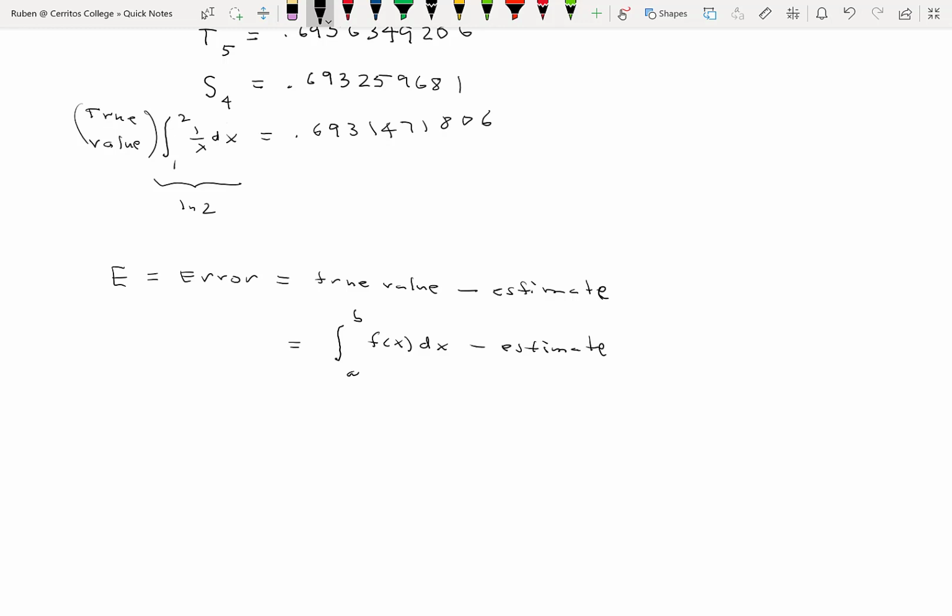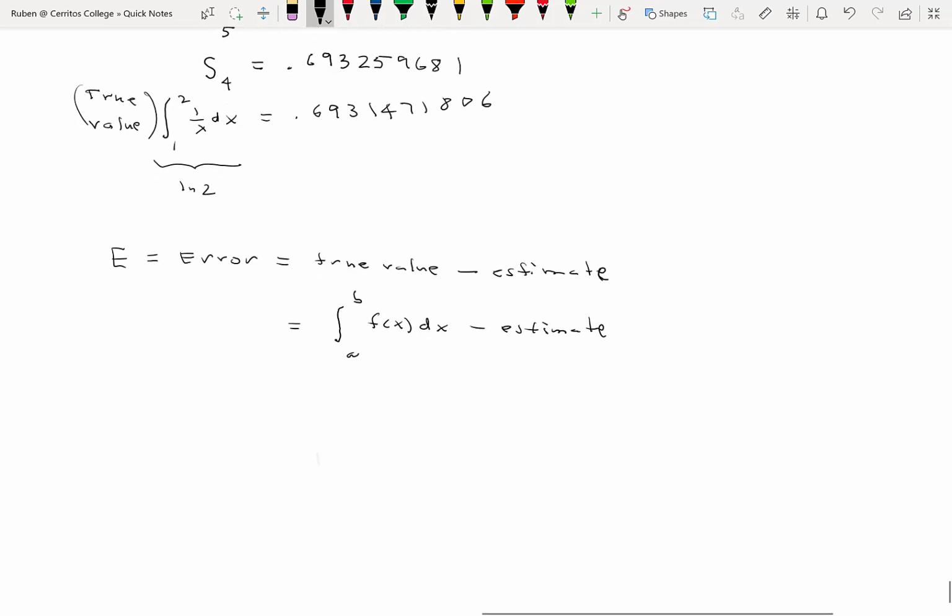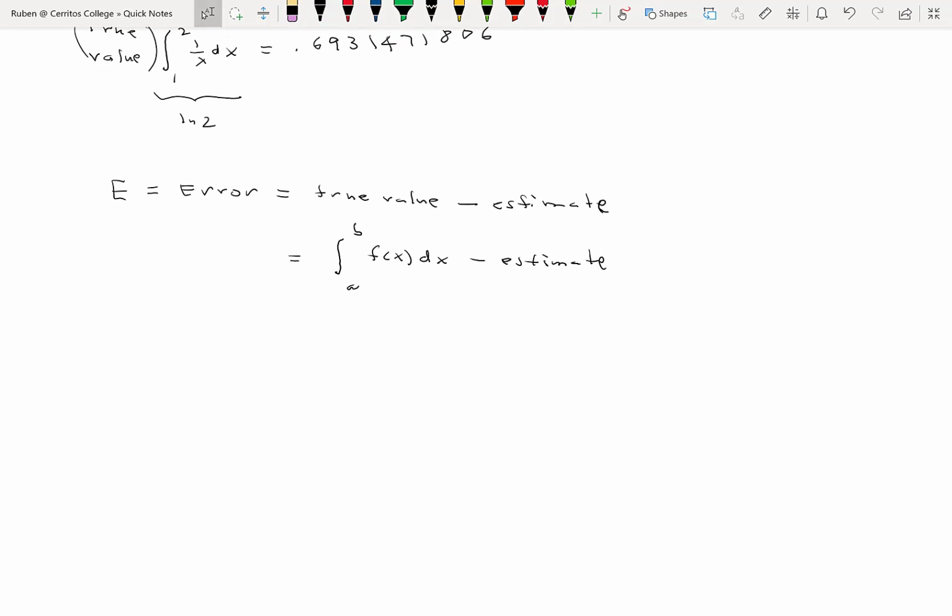In this course, we're not so much concerned with the error, but something called the magnitude of the error, which is not a real fancy idea. We're interested not so much in error, but the absolute value of error. This is called the magnitude of the error.